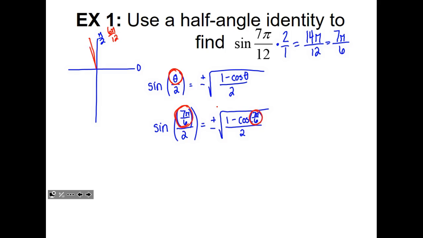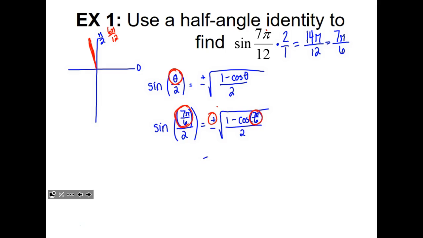So 7 pi over 12 is just going to be a little bit past that. Is sine positive or negative in the second quadrant? It is positive in the second quadrant. So we're going to use the positive for this. We will not use the negative. So you just want to see what quadrant your original angle is in to decide plus or minus.